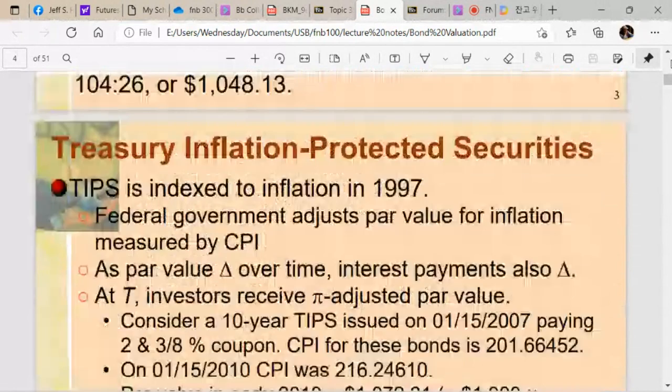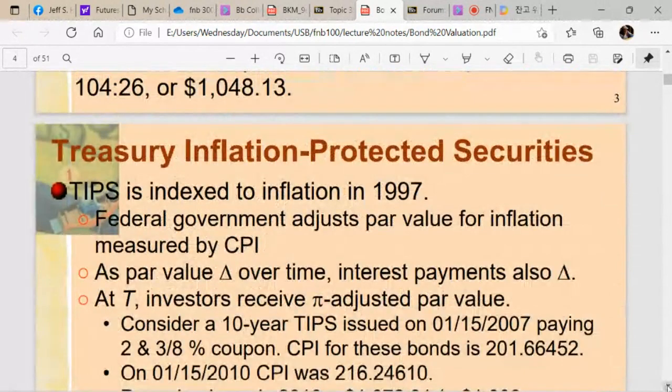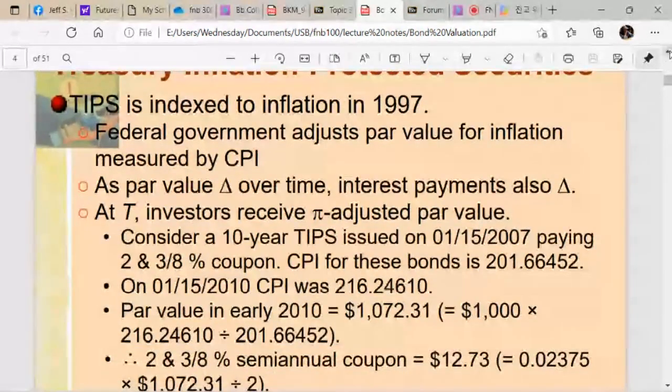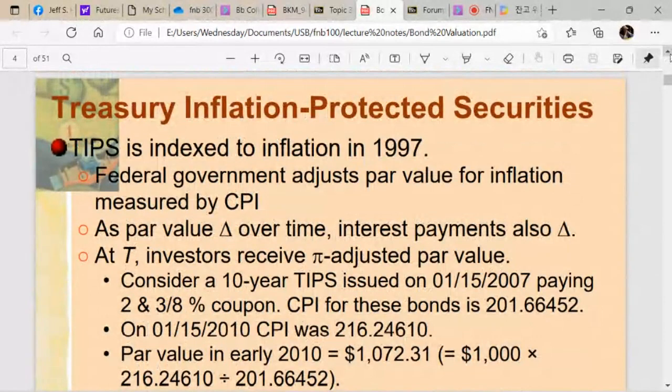And then we need to talk about TIPS. Now, TIPS is literally Treasury Inflation Protected Securities. In other words, this is a Treasury bond, but the bond price will be adjusted for inflation.